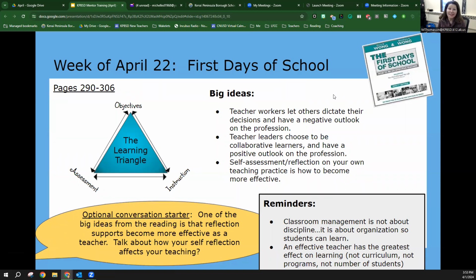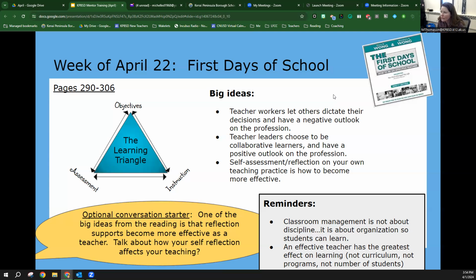So this is the last section in the book, and it connects back to the first chapter where the authors describe 4 stages in teaching: fantasy, entertaining students and being their friends; survival, keeping students busy with worksheets and things to do; mastery, effective management, instructional strategies; and impact, making a difference in students' lives. So at the end of the day, our whole goal in offering mentorship to new to profession teachers is to build teacher leaders who have positive impact on students.